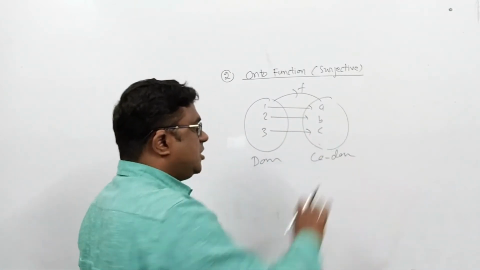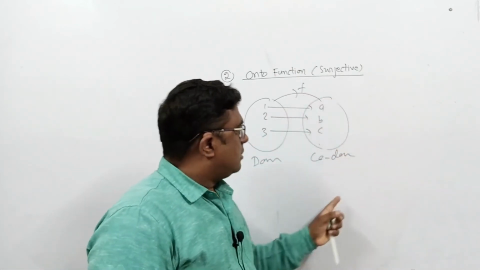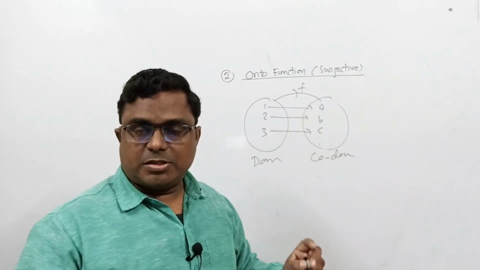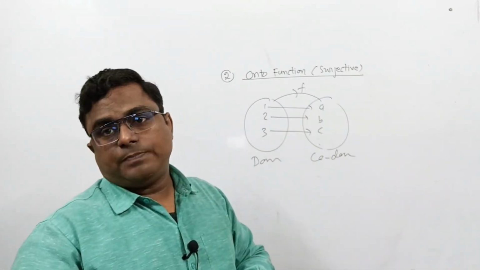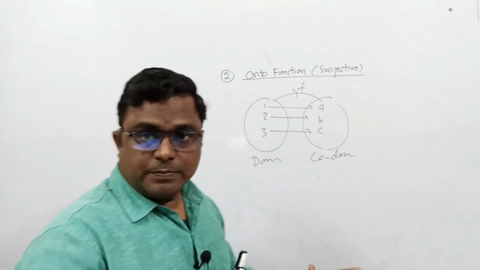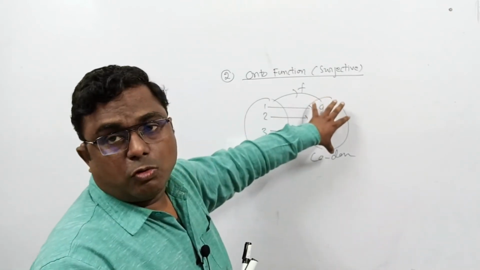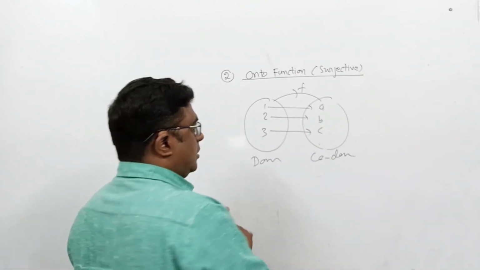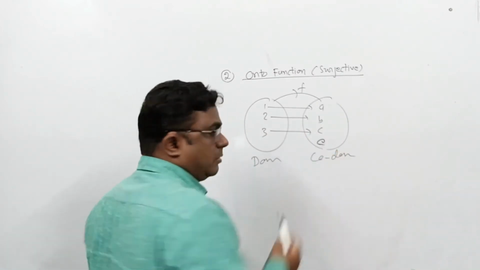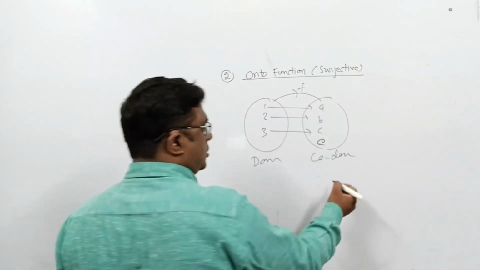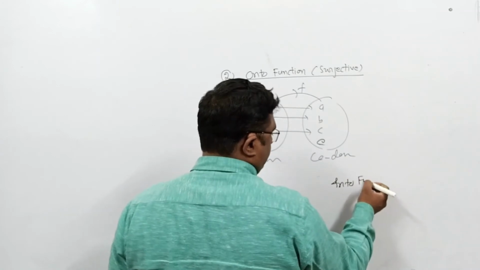But if I erase D, now all the elements of set B or the codomain have pre-images. In this situation, we call it an onto function. So an onto function is one in which all the elements of the codomain have pre-images. On the other hand, if there is an element which has no pre-image, we call it an into function.